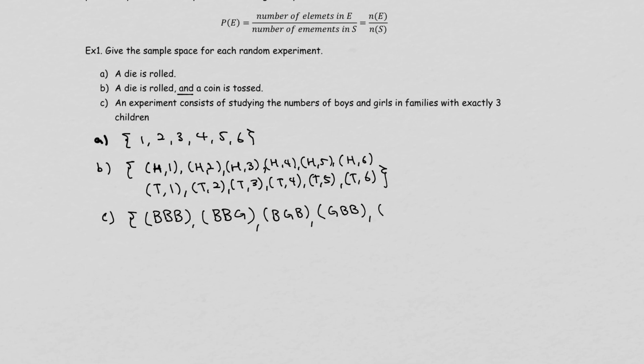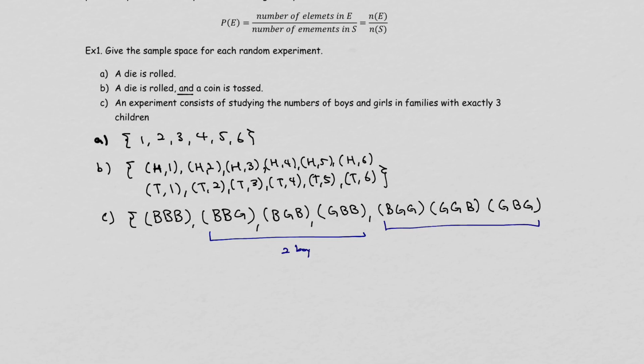But then you can also have 2 girls and a boy, and there will be another 3 samples of it: boy, girl, girl, or having a girl first and then boy, or boy in the middle. So we have 3 examples where you have 2 boys, 3 examples where you have 2 girls.